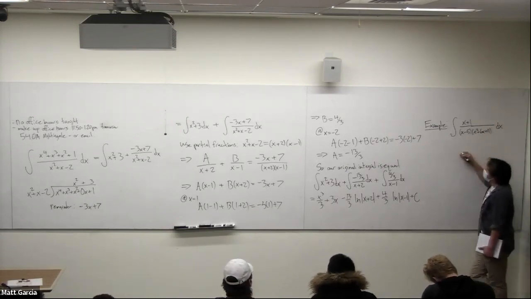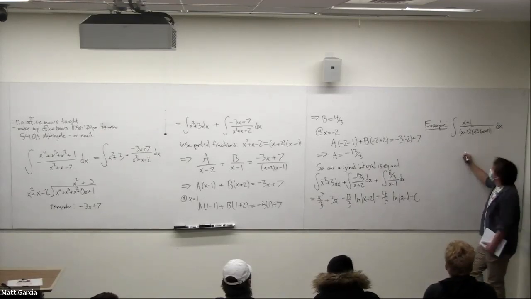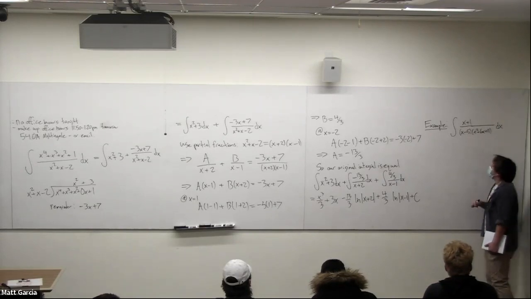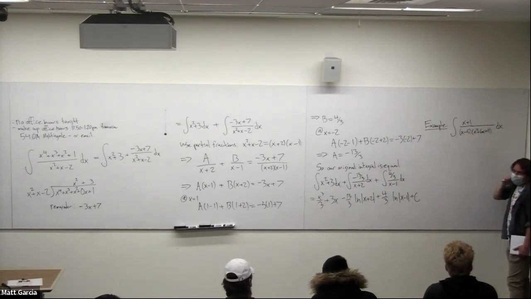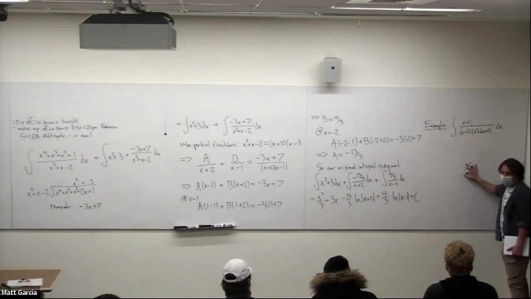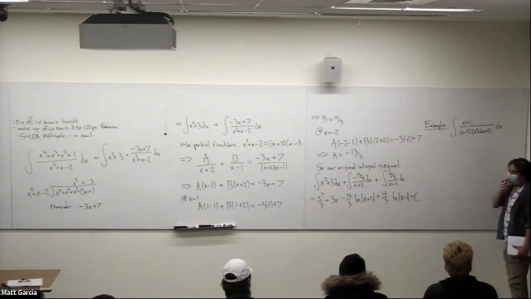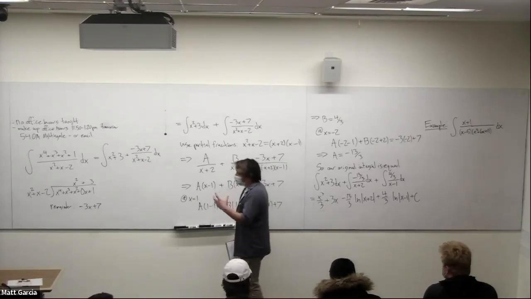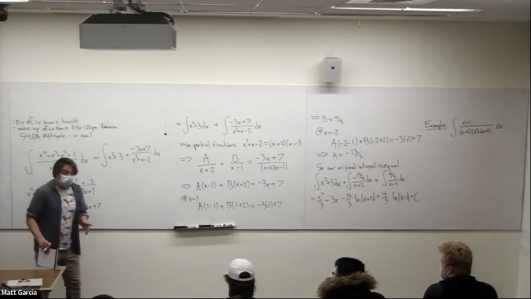So what we notice, what's the degree of the denominator? It's 3, yeah. And the degree of the numerator is 1. So we should be able to apply partial fractions, right? Okay. Well, how do we factor this? Not so easy to factor this, but let's see. I want to guide us through a process that will remind us yet again of another tactic from algebra that might come in handy.